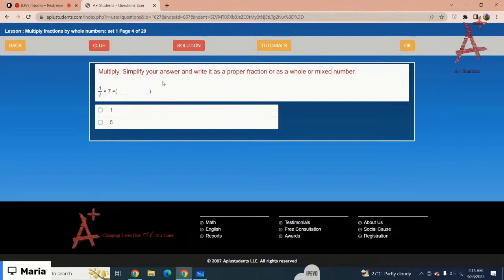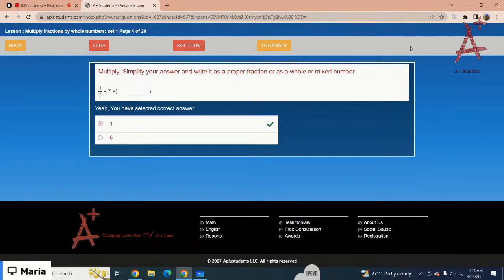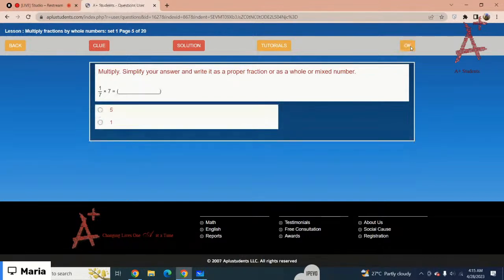That would be 1 because you can cancel out the 7 and you are left with just 1. Okay, again 1 by 7 times 7. So which is the correct option? You can cancel out the 7 and you're left with 1. So the correct option is 1.